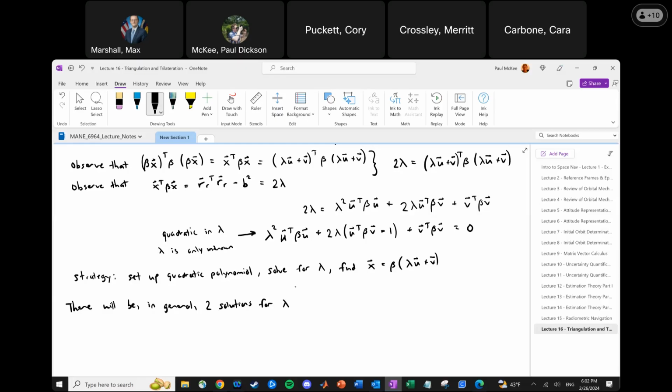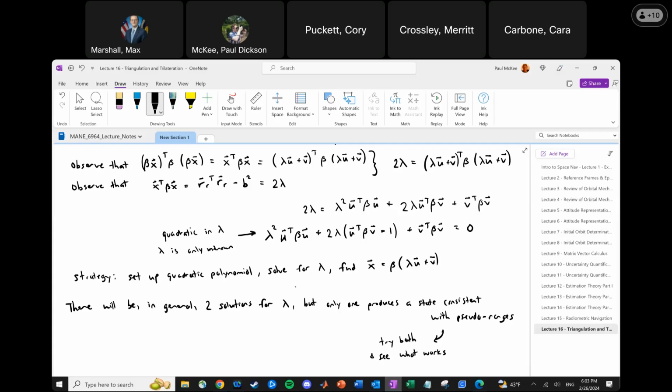However, only one produces a state consistent with pseudo ranges. The other one is going to be a mathematical oddity. So essentially, you would just go through and try both, and see what works.